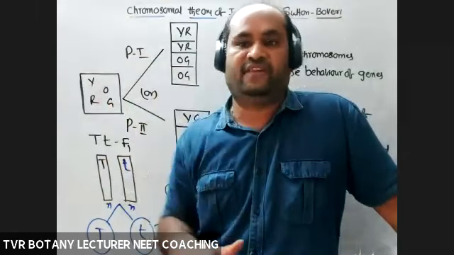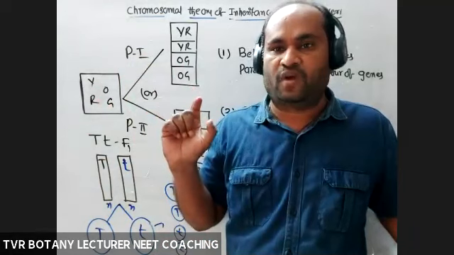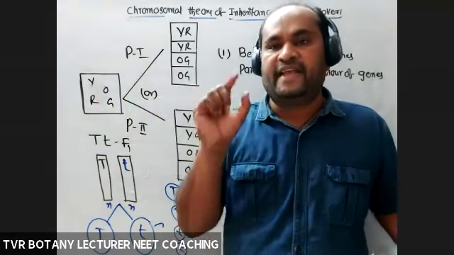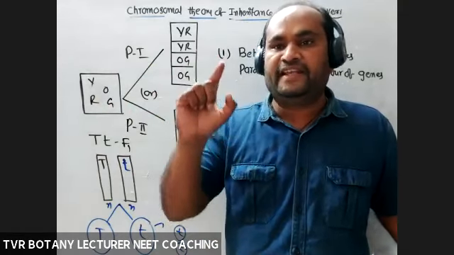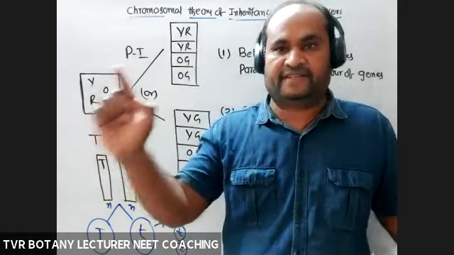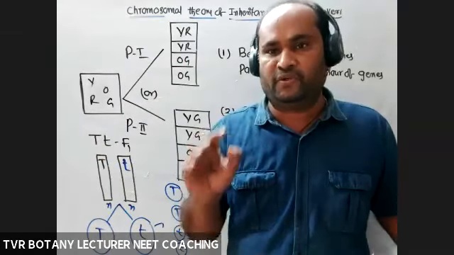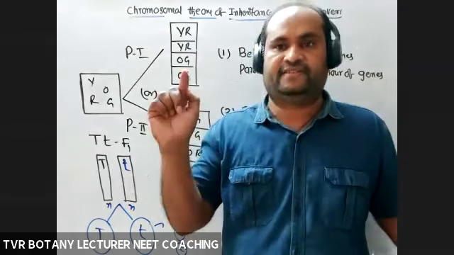That was the statement given. The chromosomal theory of inheritance supported the law of segregation and the law of independent assortment during meiosis.